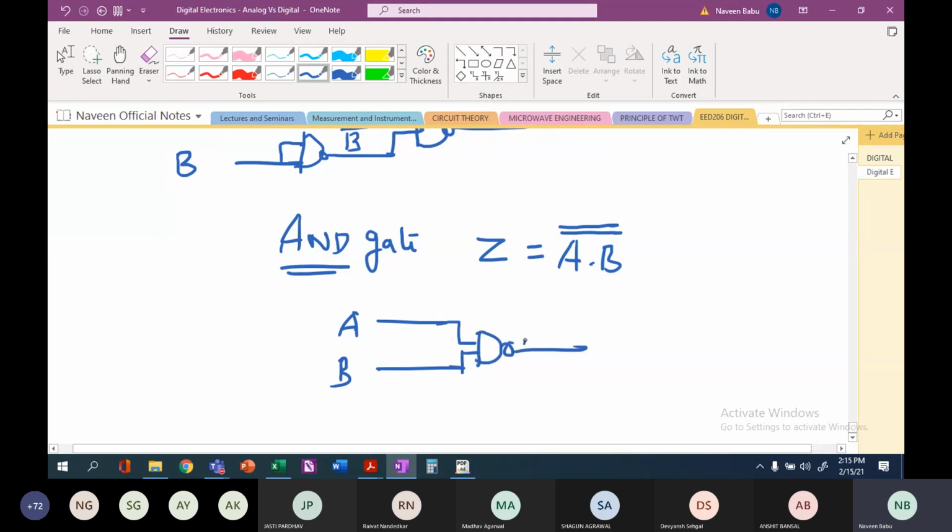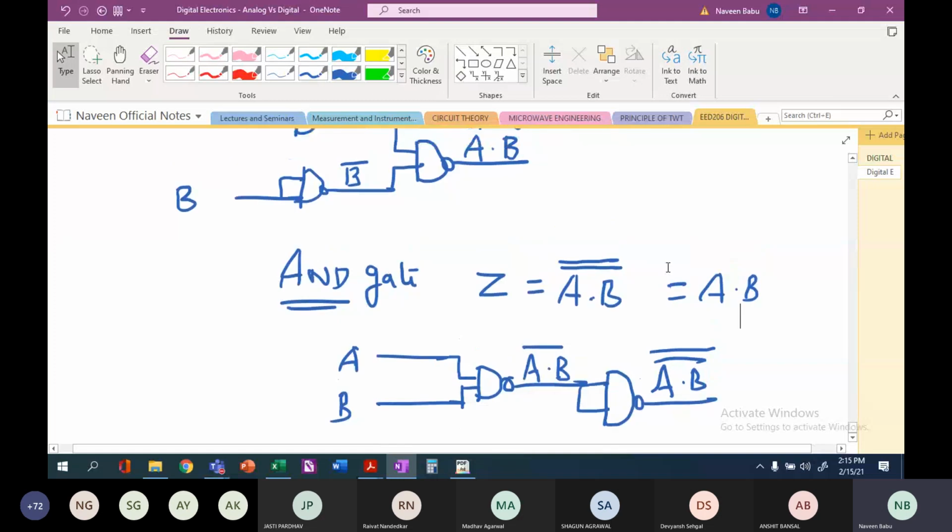So what will be this output? This output will be A dot B bar from the NAND gate operation. And then the NOT of this will become A dot B bar, the whole bar. So this is nothing but A dot B, which is an AND gate implementation.